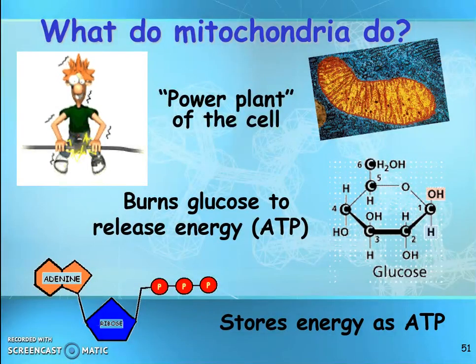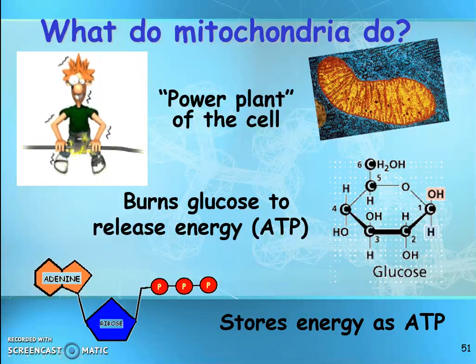So let's look at the function of mitochondria. What does mitochondria do? Mitochondria are the power plant or the powerhouse of the cell. Why are they called the powerhouse? Because mitochondria burn glucose to release energy in the form of ATP, which is adenosine triphosphate. If you look at the structure of ATP, you will see the adenine and the glucose in the form of ribose, and there are 3 phosphates which are bonded with each other with a chemical bond.